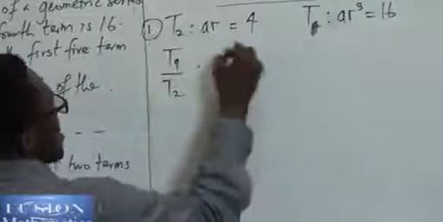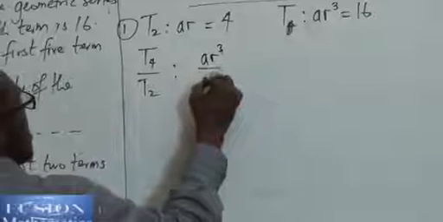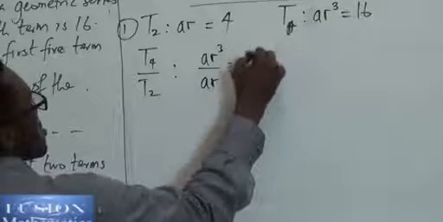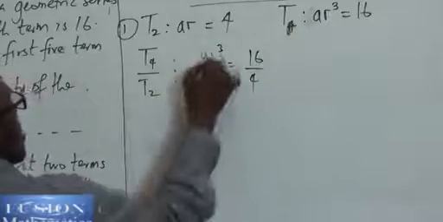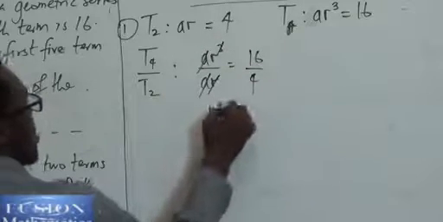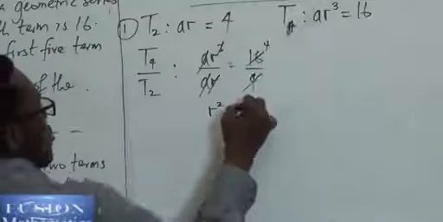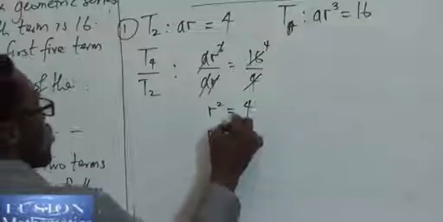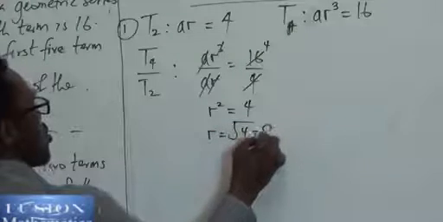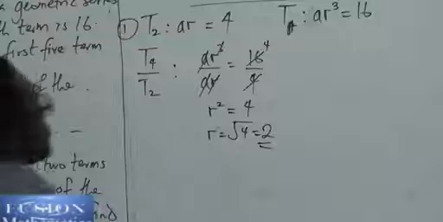So this should be such that we have ar cubed all over ar equals 16 all over 4. a cancels a, r cancels one of these to give you r squared equals 4 goes in 16, there 4 times. So r will now be the square root of 4, which is 2.